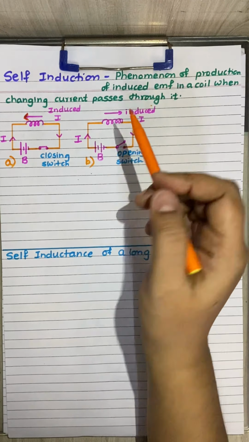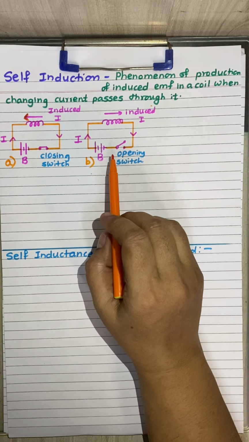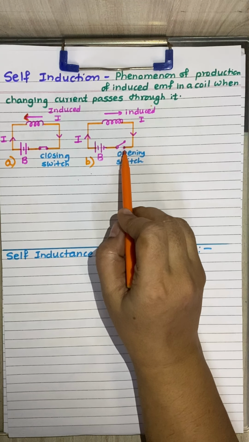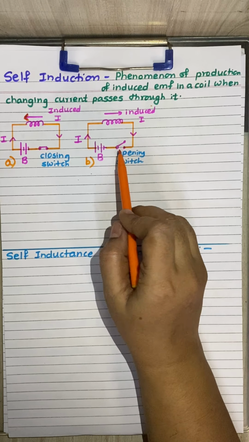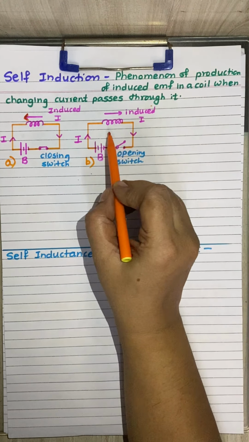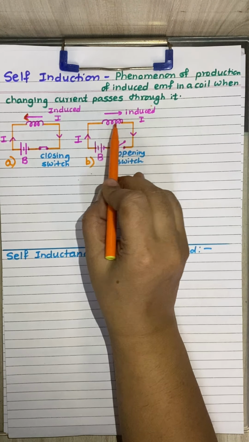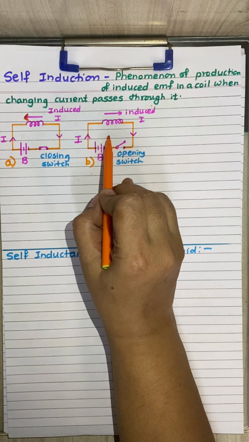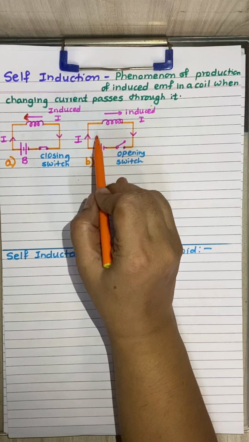Now let us go for the second case. In this case, the tapping switch is suddenly opened. When the switch is open, the current starts decreasing in the circuit, so the current in the coil also decreases, and hence the magnetic flux through the coil also decreases.